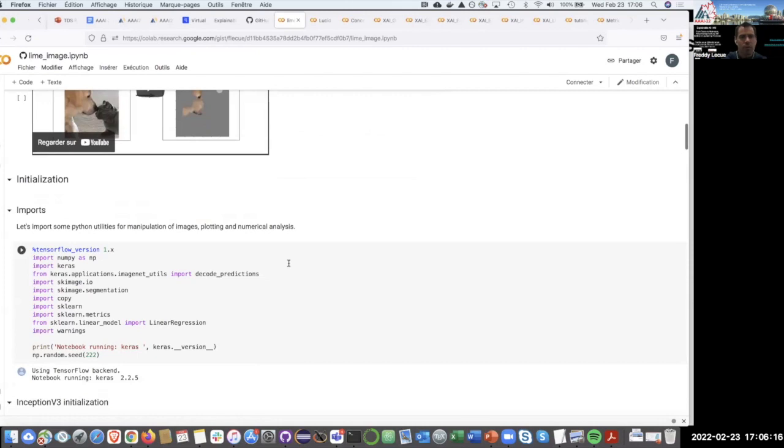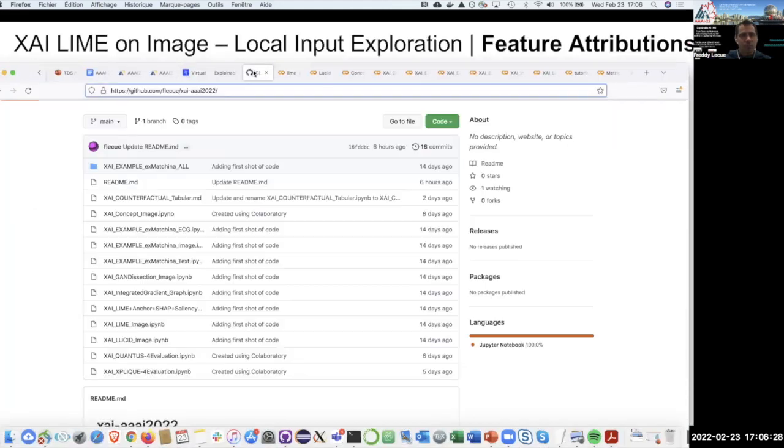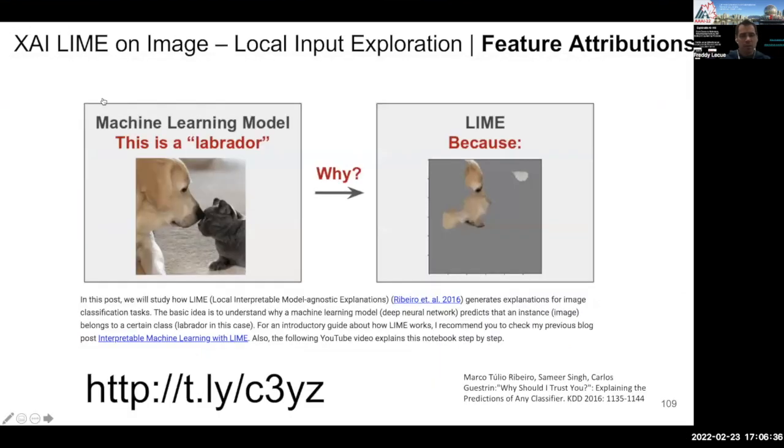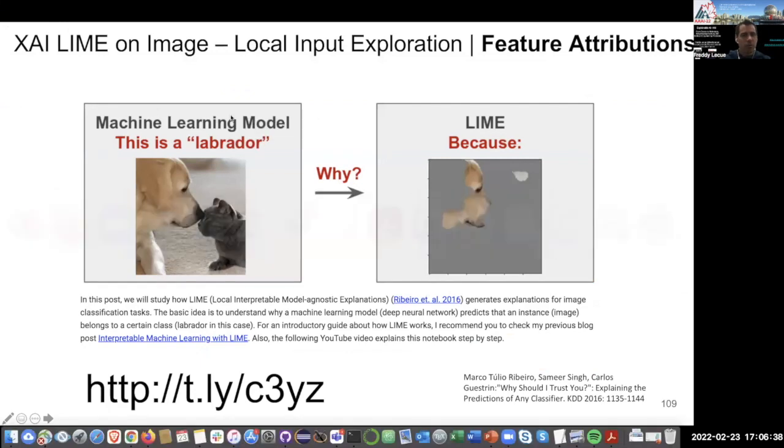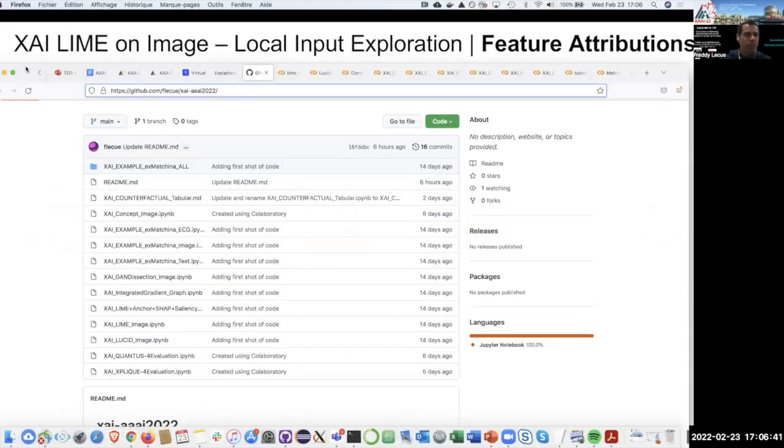There are a few videos explaining. Here I won't go cell by cell, because there are 14 techniques. That's maybe too much to go through.